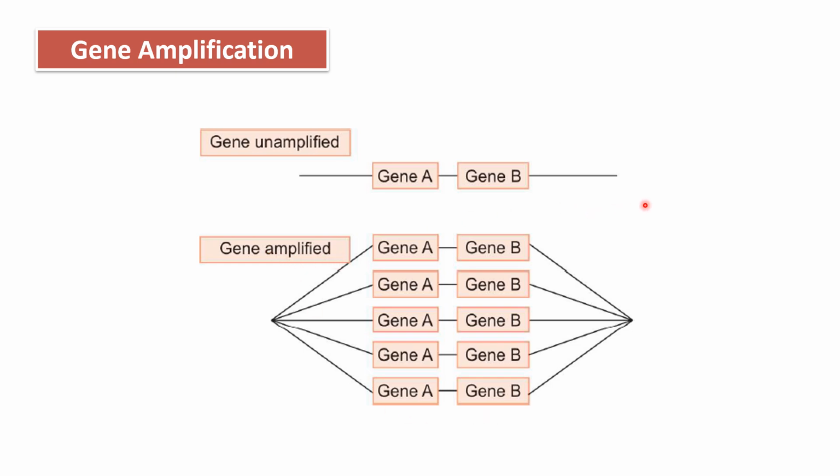So the normal dose of our drug cannot eradicate this amount of dihydrofolate reductase because it is bypassing or overcoming the amount of inhibition given by the drug. It will produce more dihydrofolate reductase by gene amplification. So this is how gene amplification takes place.